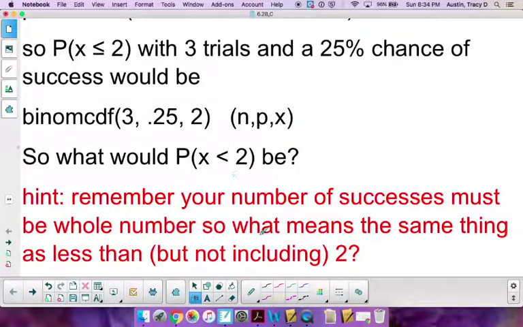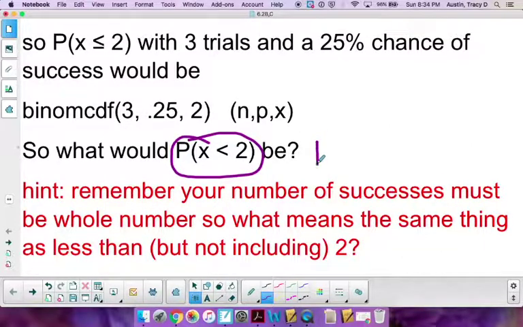Okay, so we're looking for an inequality that means the same thing as less than but not including 2. And since they're all whole numbers, I hope some of you said it, it is really the same thing as less than or equal to 1.